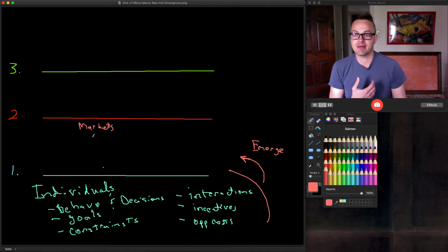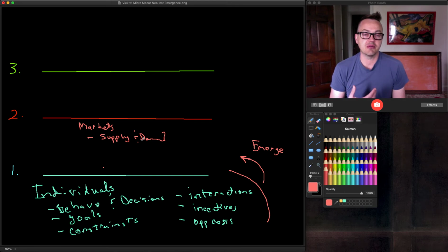And what do I mean by markets? Well, we'll talk a lot more about it, but this is where we get into looking at supply and demand. So demand emerges from the interactions and behavior of lots of individual consumers. Supply emerges from the behavior and interactions of many producers.